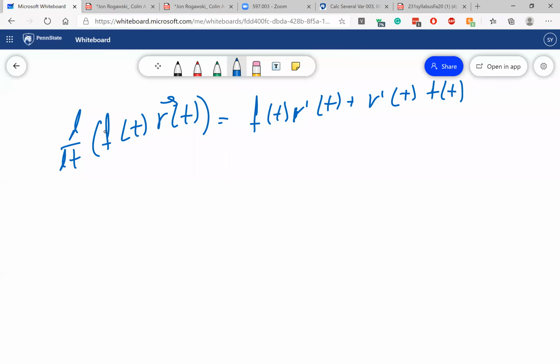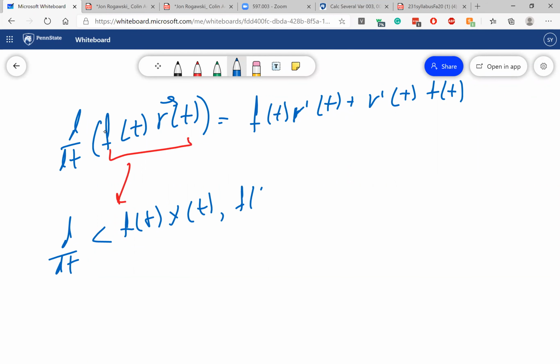And the way you can show this, prove it, is by looking at what this actually is. So this is d over dt of f of t x of t, f of t y of t, and f of t z of t.